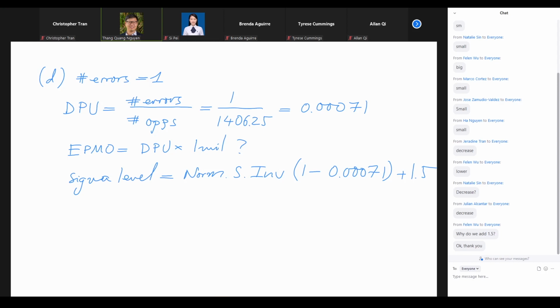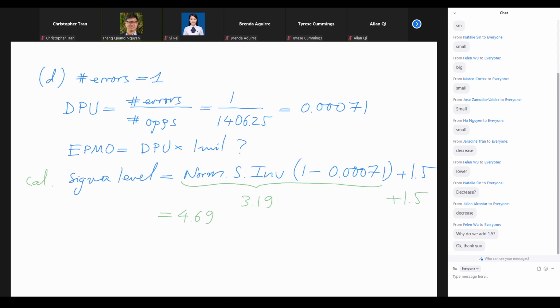With the new DPU, now we have the blue dot to be 3.19, and then plus 1.5, right? So I would say that this is the calculated sigma level, and it is going to be 4.69, right?